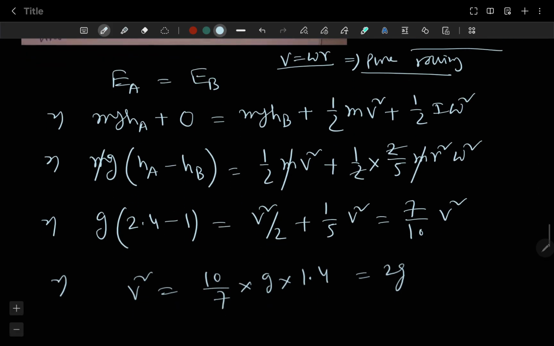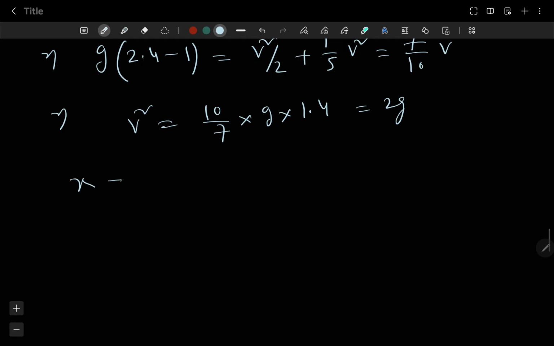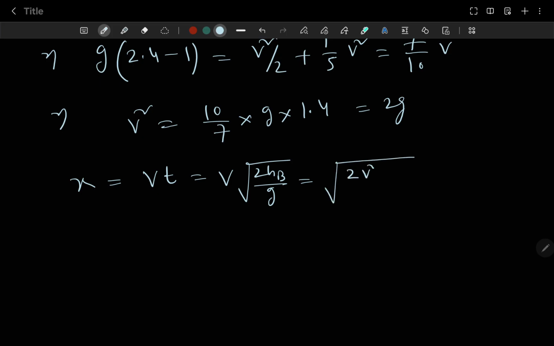So for horizontal projectile we know what is x. x is vt. Now what is t? Root over 2hb by g. Okay. So we will have root over 2 v square hb by g.